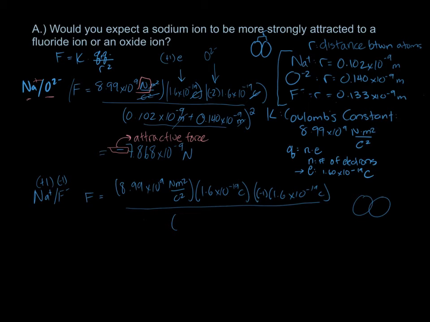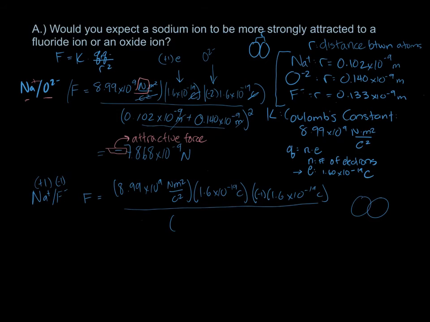And so therefore, it is going to be the sum of their individual atomic radii, plus 0.133 times 10 to the -9th meters for fluorine. And again, that's squared just so all of our units, except for newtons, cancel out.